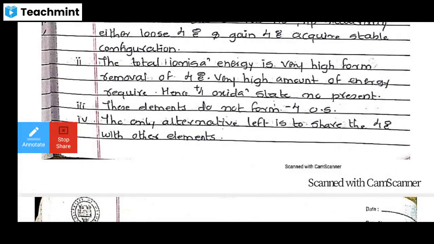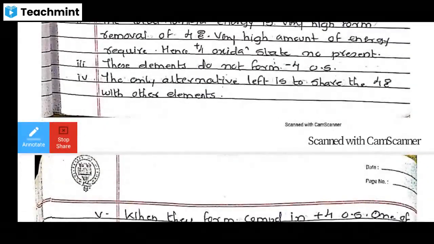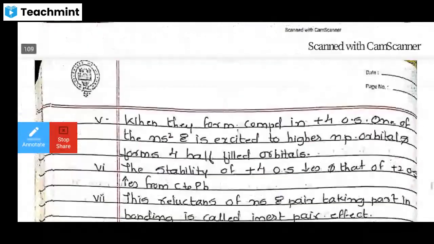A very high amount of energy is required, hence the plus 4 oxidation state is not commonly presented. These elements do not form the minus 4 oxidation state. The only alternative left is to share the 4 electrons with other elements.